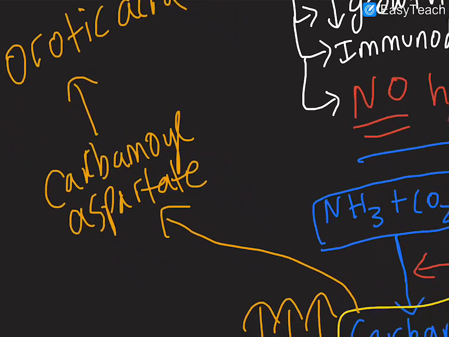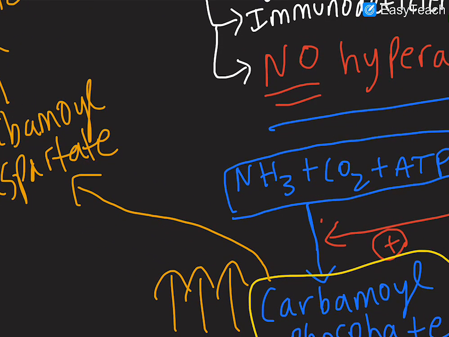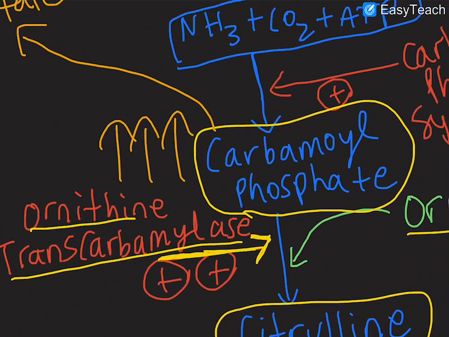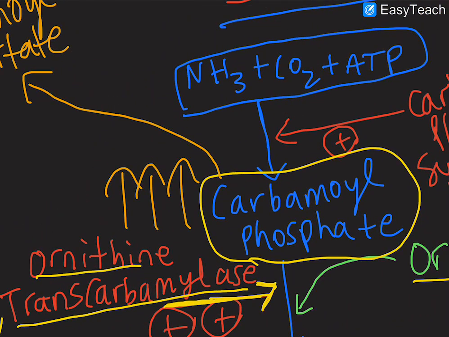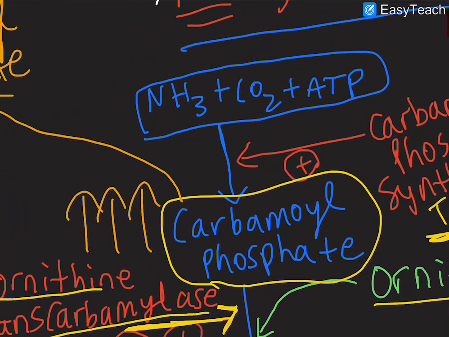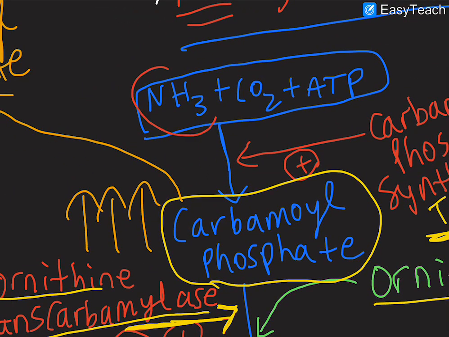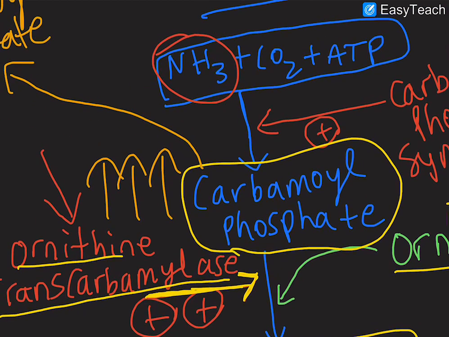But the only difference is, in ornithine transcarbamylase deficiency, when we're talking about the urea cycle, not only will we have an increased orotic acid level, we'll also have an increased ammonia level, because we cannot take the ammonia and convert it to urea, because this enzyme, ornithine transcarbamylase, is not working.